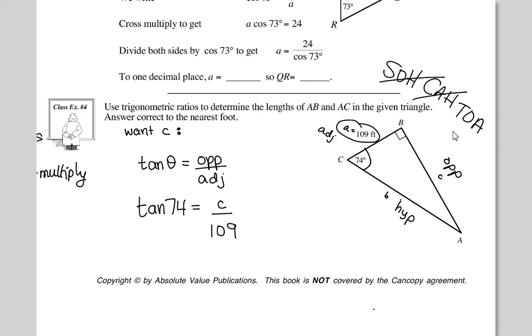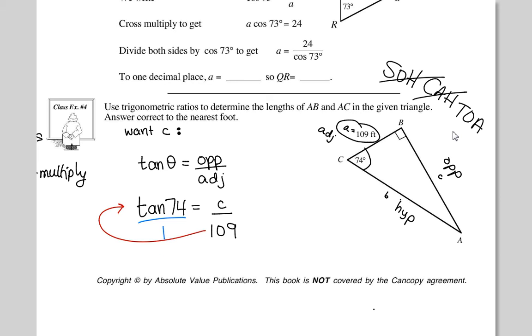Some people need a little placeholder over here of 1 to help with the cross multiplying. But essentially what you want to do is isolate C. So 109, which is downstairs on the right, needs to come upstairs on the left. If you understand cross multiplication in a different way, you always multiply the two numbers and divide by the thing across from the unknown. So it's these two times, divided by 1.